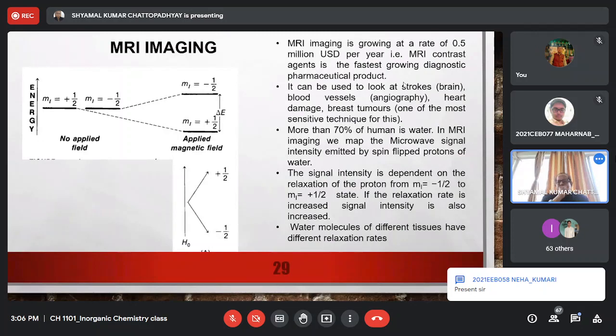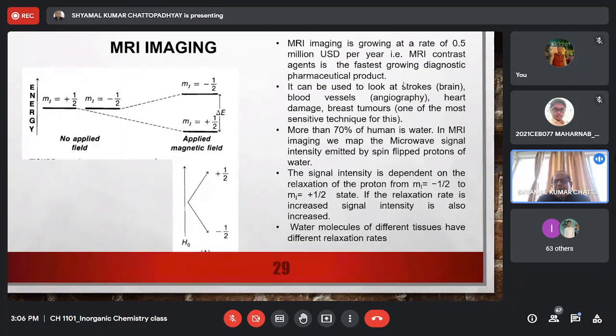And MRI contrast agents are one of the fastest growing diagnostic pharmaceuticals being used. The MRI scan is very important for diagnostic purposes, and it is rapidly growing continuously, and as a result MRI contrast agents are also growing rapidly.